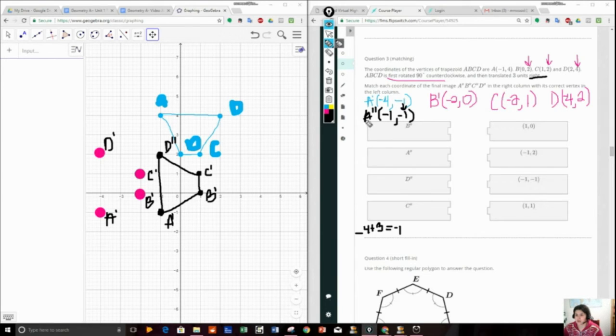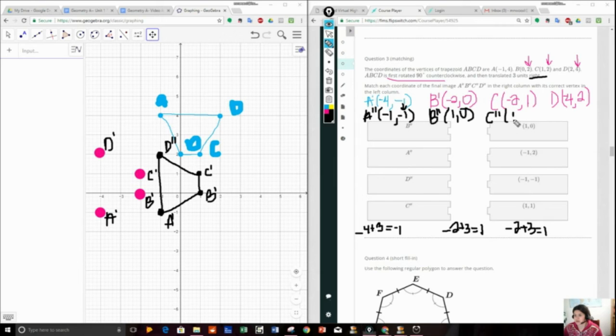And so then we could do the same thing to B prime. The x coordinate is -2. We're going to add 3 to it, which is equal to 1. So then our B double prime coordinate is going to be 1, 0. Our C double prime is -2 again plus 3, which equals 1.